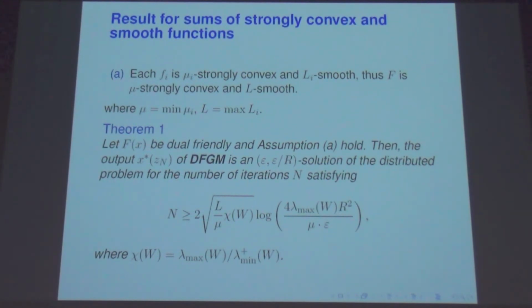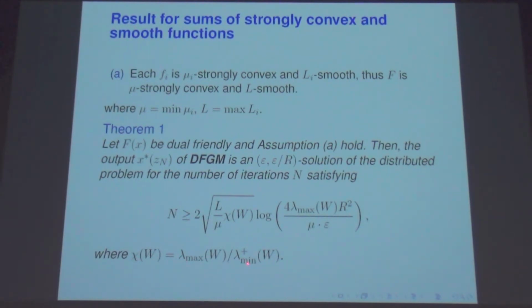Then the output of the algorithm that I just described is an epsilon solution of the distributed optimization problem if n, which is the number of iterations in your algorithm, satisfies the following. It's bigger than square root L over mu times psi of W, which is the condition number of the graph Laplacian, right?